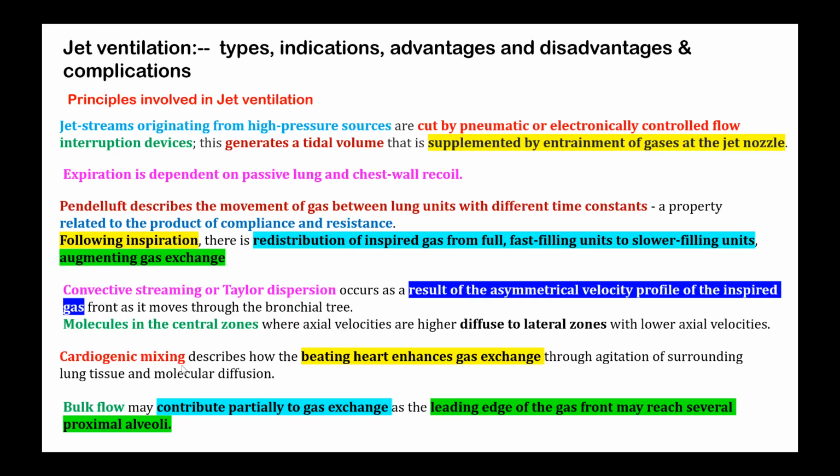Third is the cardiogenic mixing principle, where the beating heart causes movement of the gases. And fourth is the bulk flow, which contributes partially to gas exchange, so the edge of the gas front may reach several proximal alveoli. Because of the large volume that goes in, bulk flow, cardiogenic mixing, convective streaming, pendelluft and the Venturi principle, all these five are the main principles of jet ventilation.